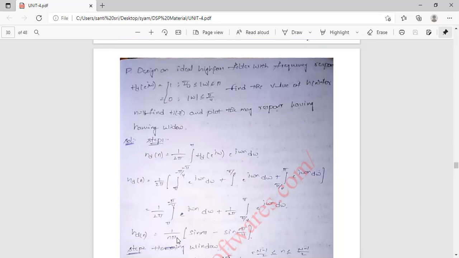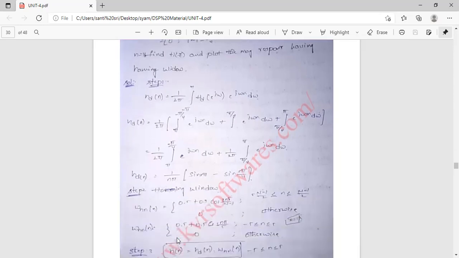From minus pi to minus pi by 4, its value is 1. So it is 1 by 2 pi integral from minus pi to minus pi by 4 of e power j omega n d omega plus 1 by 2 pi integral from pi by 4 to pi of e power j omega n d omega.